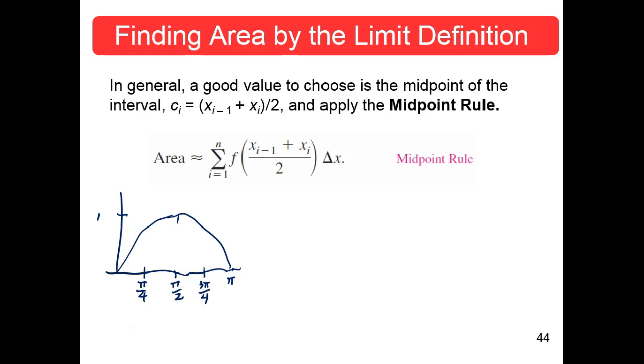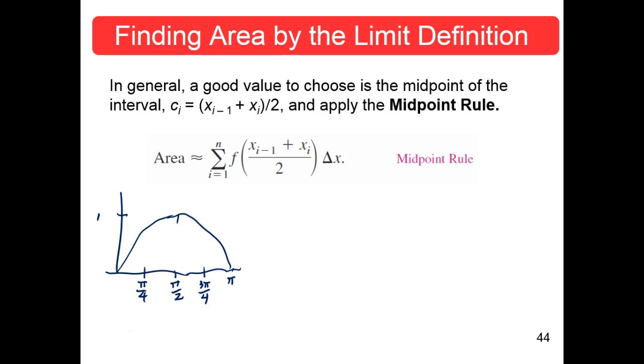Use the midpoint rule to estimate that. And if you are estimating, giving an approximation, with a small number of n's, this is the better way to go. When you're letting n go to infinity, who cares? Pick the most convenient c sub i.